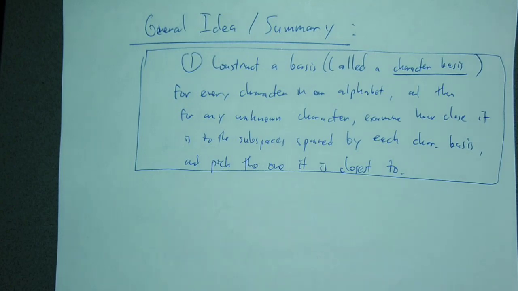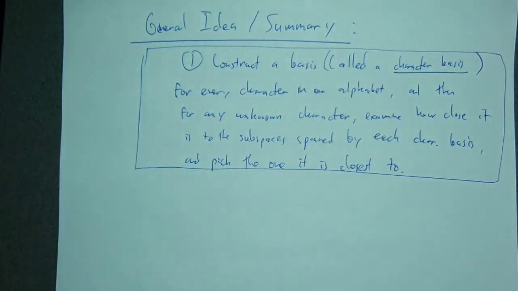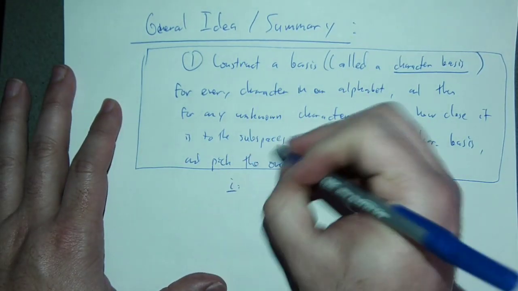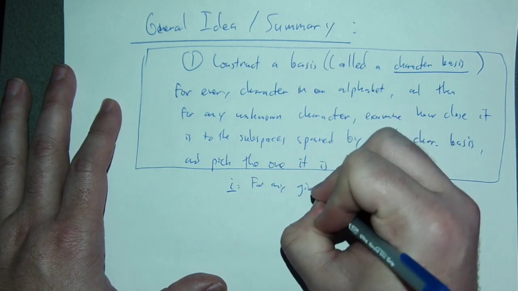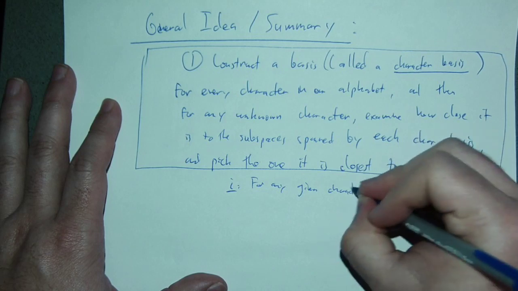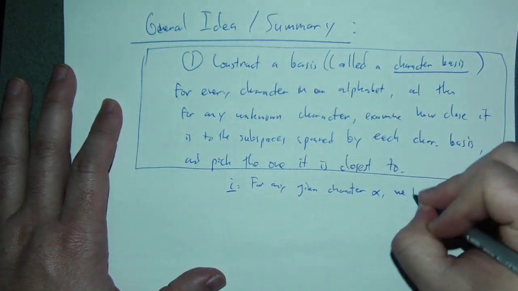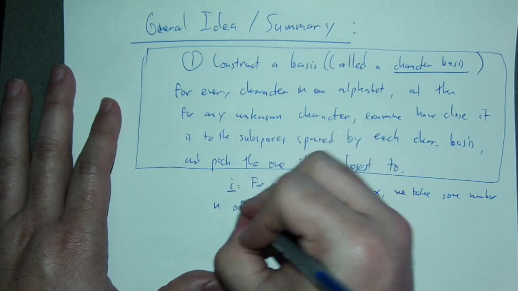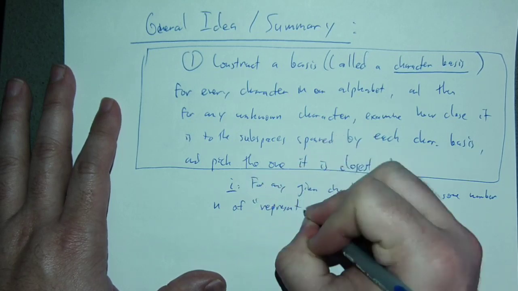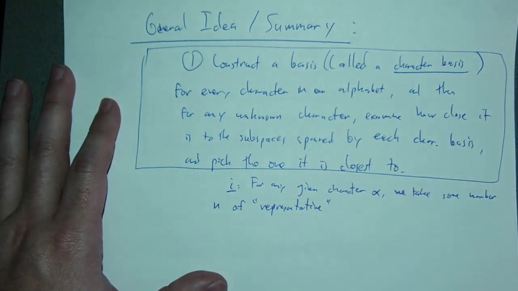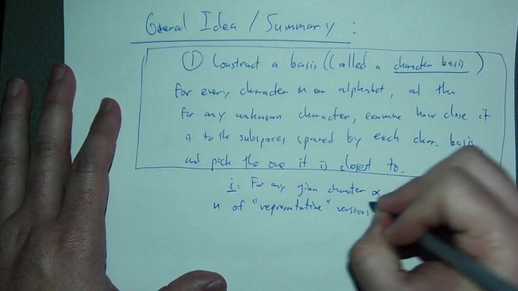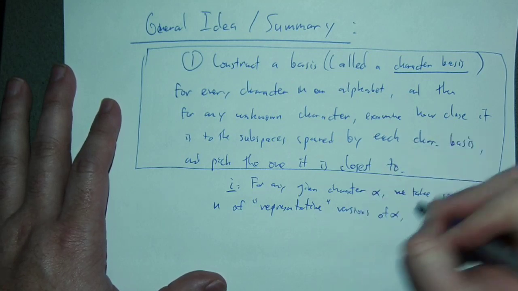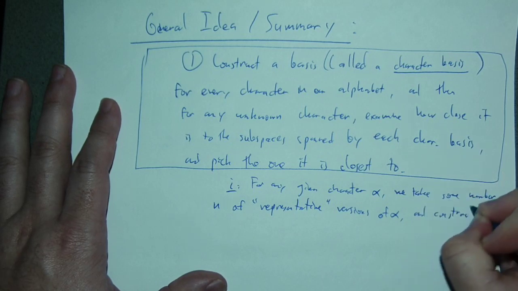Now, this splits into parts. One, the idea here is for any given character, alpha, we take some number n of representative versions of alpha, just like we did for x earlier, and construct the matrix for each.